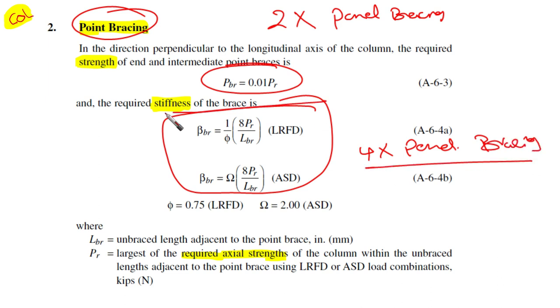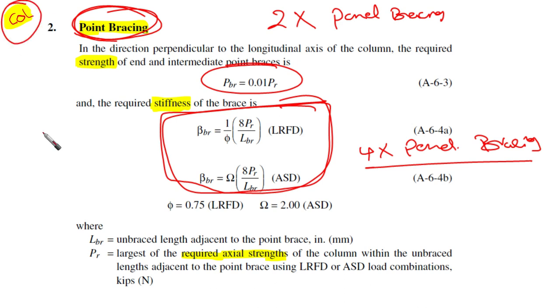This means that we need more stringent strength and stiffness requirements for the point bracing compared to the panel bracing. Okay, this is for column.